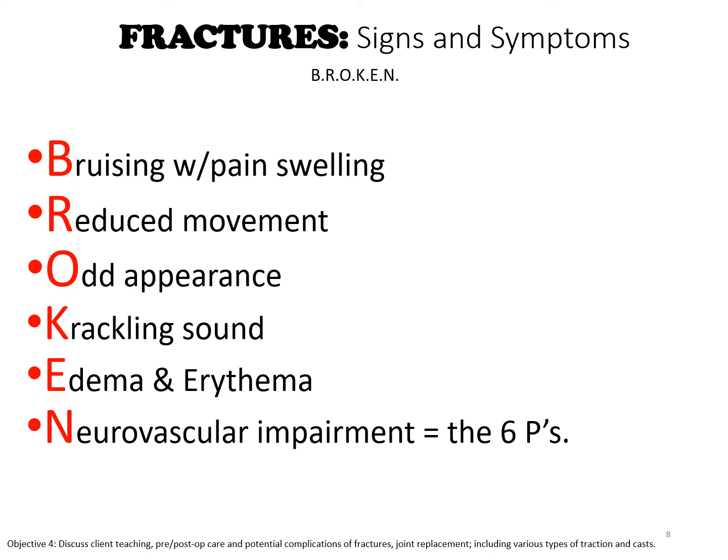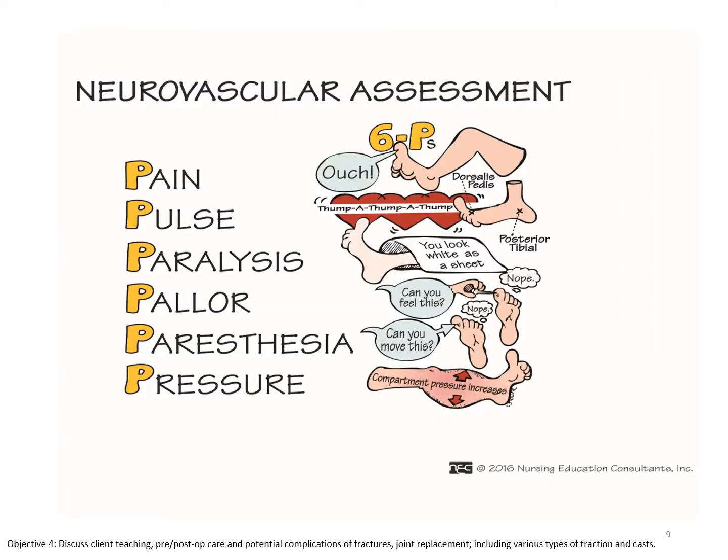Okay, so in the mnemonic BROKEN, N stood for neurovascular impairment. But the only way you're going to know if there is a neurovascular impairment is by doing your assessment as a nurse. So it's very important when you're assessing the patient to check for all of these six things that are listed here. And you're not going to check just when they first arrive, but you want to make sure you assess the status of that body part before and after splinting or casting the extremity, or traction being in place.